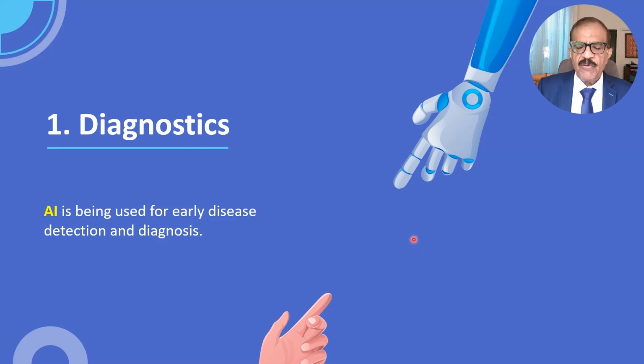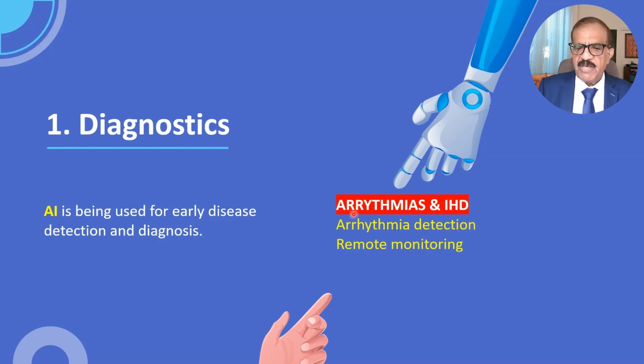Another area of diagnostics is arrhythmia detection and diagnosis of ischemic heart disease. Now, there are some devices, these smart watches, which have software that can detect arrhythmias, for example, atrial fibrillation or any other type of potentially serious arrhythmia, supraventricular tachycardia.